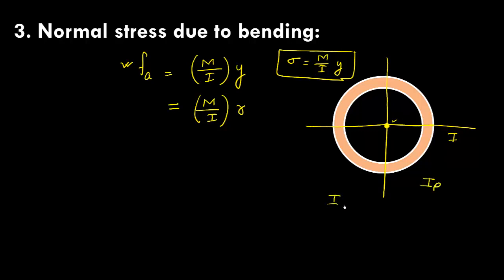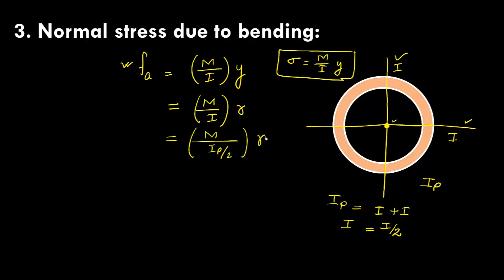So I can write IP is equal to I, the moment of inertia about this axis, plus the moment of inertia about this axis, that is also I. So I is equal to IP divided by 2. If I plug this in, I will have M divided by IP divided by 2, and this multiplied by R.